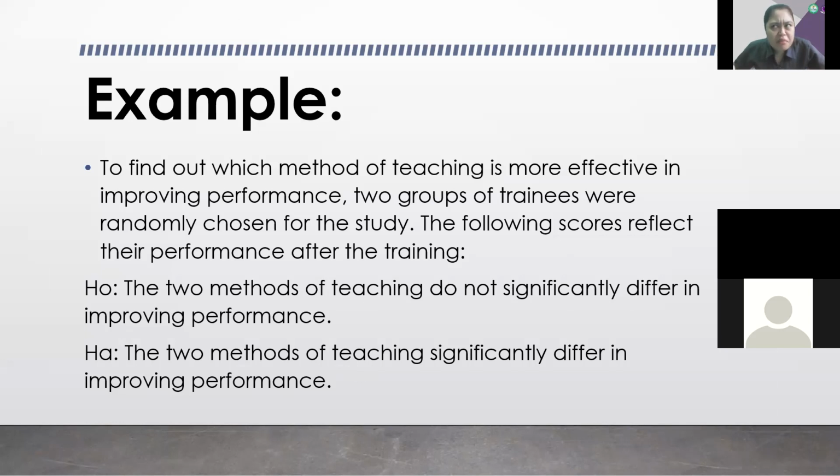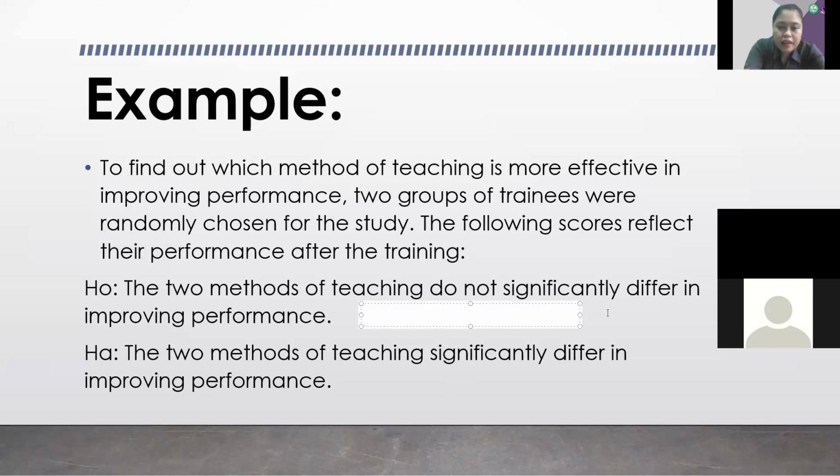So actually, it doesn't matter how you are going to state it as long as parehas sila ng ibig sabihin. Okay? And then for the alternative hypothesis, which is stated in the positive form, we have here the 2 methods of teaching significantly differ in improving the performance.